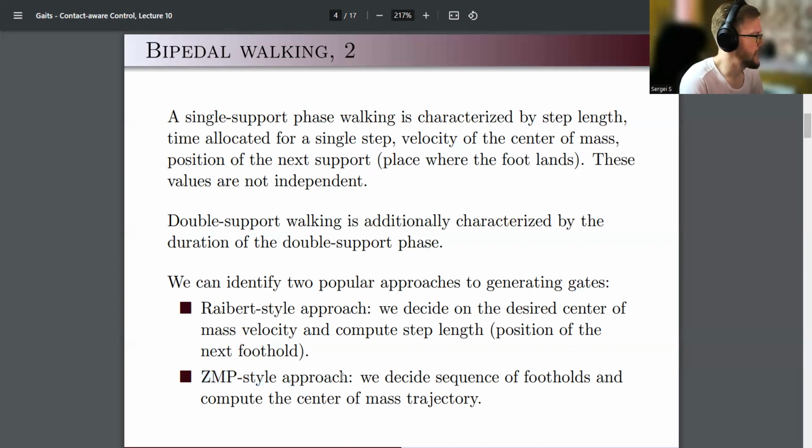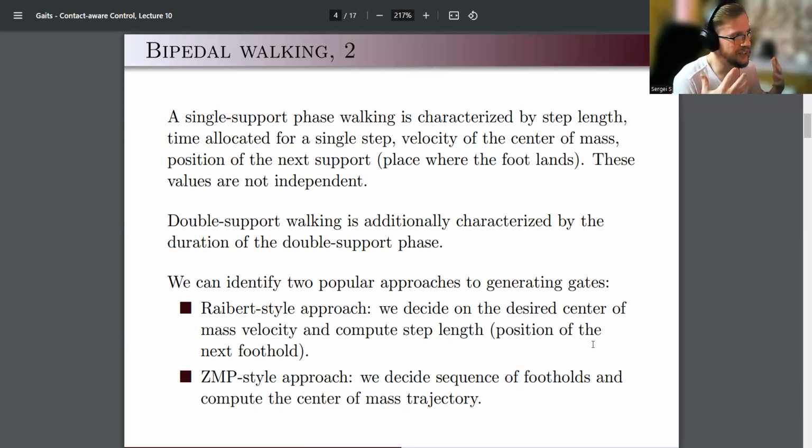Right, so the MP style approach is we decide a sequence of footholds. So we decide where we put our feet. You see the difference instantly, right? Here we were deciding velocity, and then we compute where we put our feet. Here we decide a sequence of footholds, so where we are going to put our feet. And from this, we compute the center of mass trajectory.